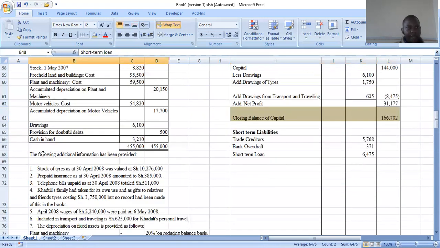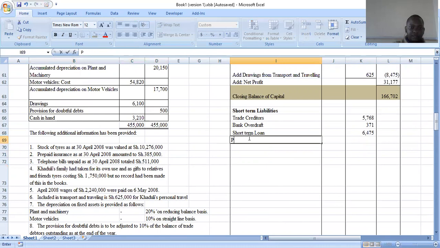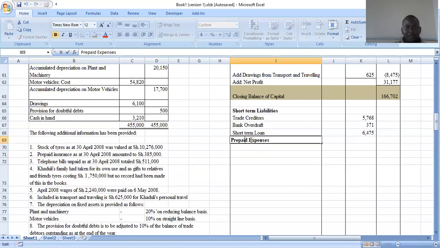The other current liability we have is from the additional information, the outstanding expenses.